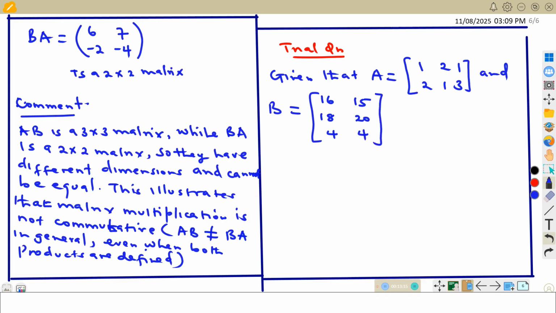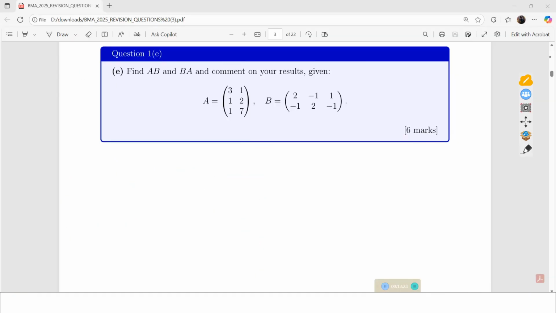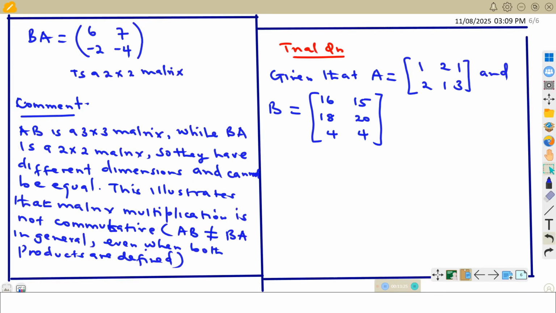So this is A, this is B. The same question applies: find AB and BA and comment on your results.